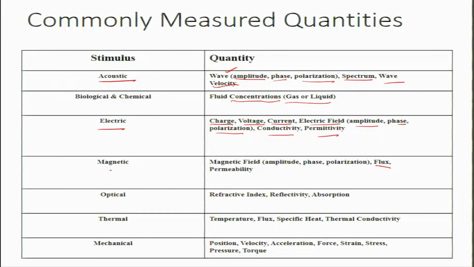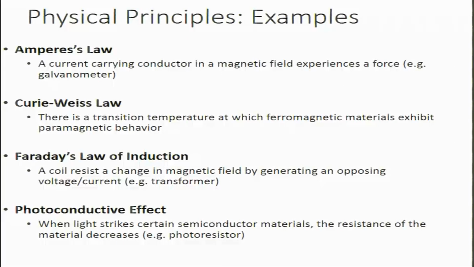In case of optical stimulus, we are referring mostly to change in refractive index, reflectivity, absorption spectra, and so on. In case of thermal measurements, we are referring to temperature, flux, specific heat, thermal conductivity. Mechanical measurements would include position, velocity, acceleration, force, strain, stress, pressure, torque, and so on. So these are the commonly measured quantities by different sensors.